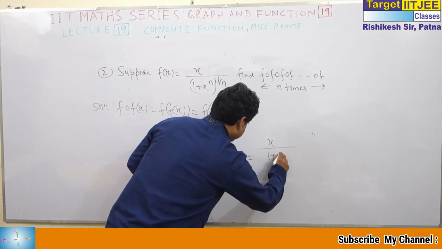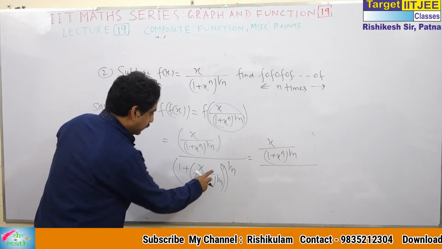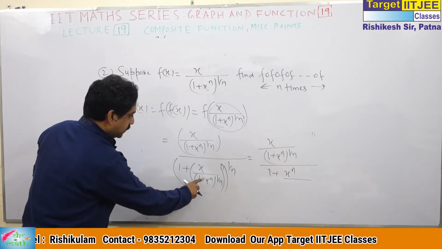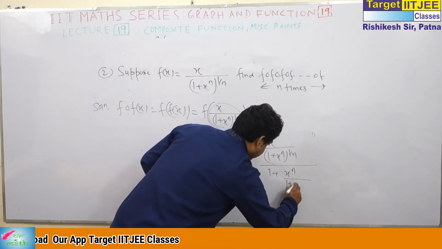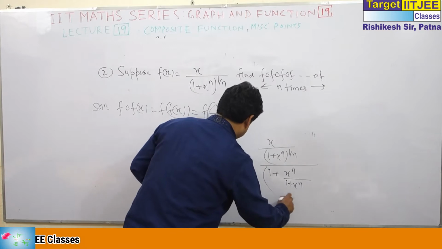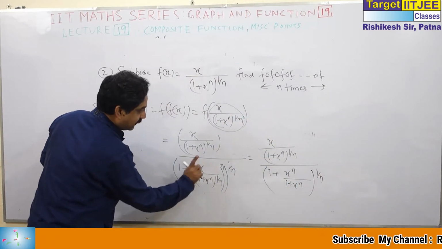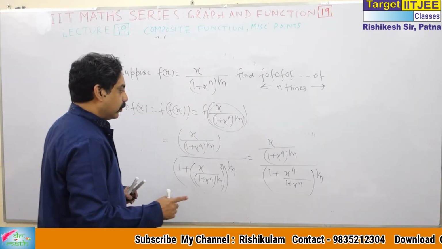x by (1 plus x to the power n) to the power 1 by n, divided by what? This is x to the power n, and n and 1 by n cancel. 1 plus x to the power n to the power 1 by n. Now we can take LCM and simplify. What do we find?